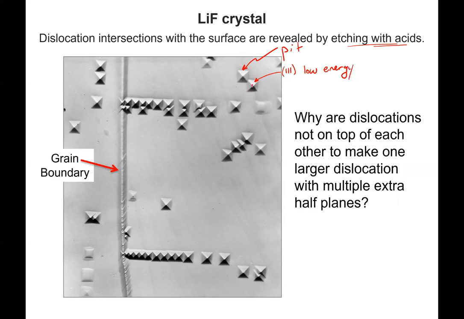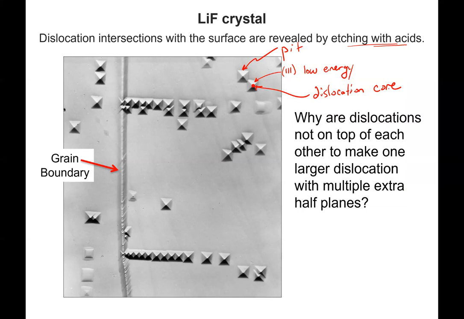And the center of this surface that we can't see, it's on a much different scale, but this would be the dislocation core coming up to the surface. And so this dislocation core is a high energy, and so the acid etchant etches that dislocation core first, and then as it keeps going deeper, more and more atoms are removed from the sides, and you grow these pyramidal pits.